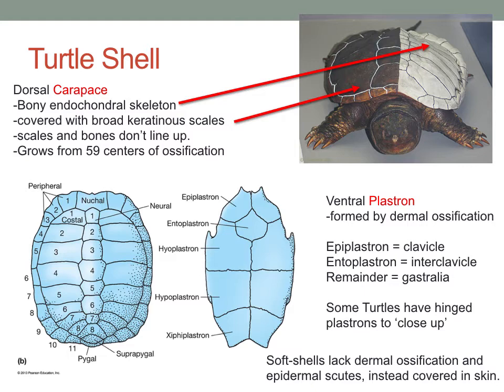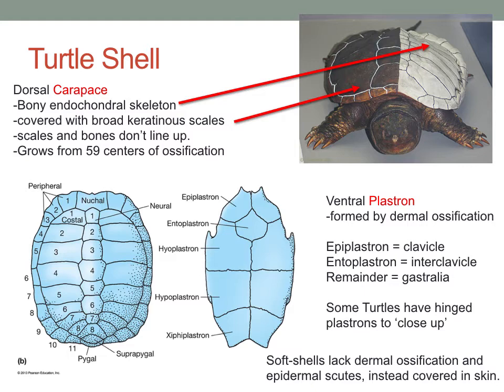It's really cool to consider that the plastron, the lower part of the shell, and the carapace, the dorsal carapace, developed independently. So these two basically plates of armor that cover the turtle developed separately. So the dorsal carapace has two main parts. There's this bony endochondral skeleton that's covered with broad keratinous scales.